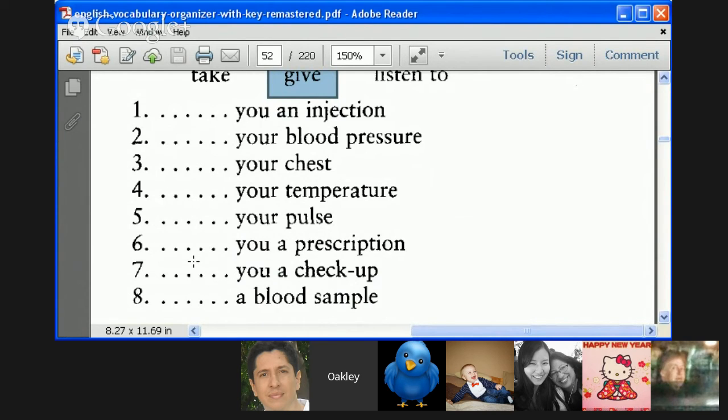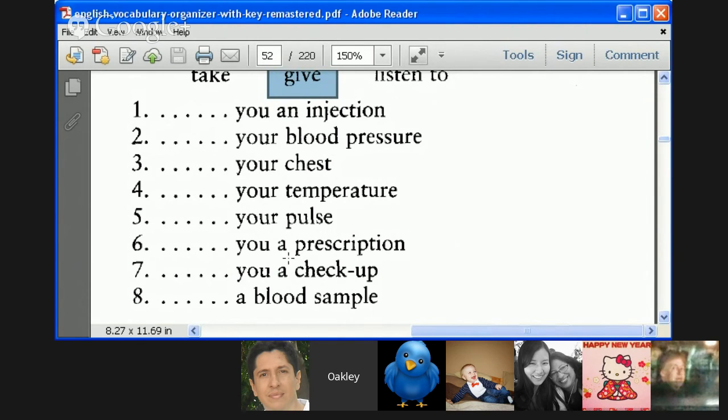He's not taking it from you. He's taking your temperature, getting that from you, but he's giving you the checkup. That's going towards you, I guess. I've never thought about that. I'm not sure why, but that's what we normally say. I got a checkup at the doctor's. He gave me a checkup.